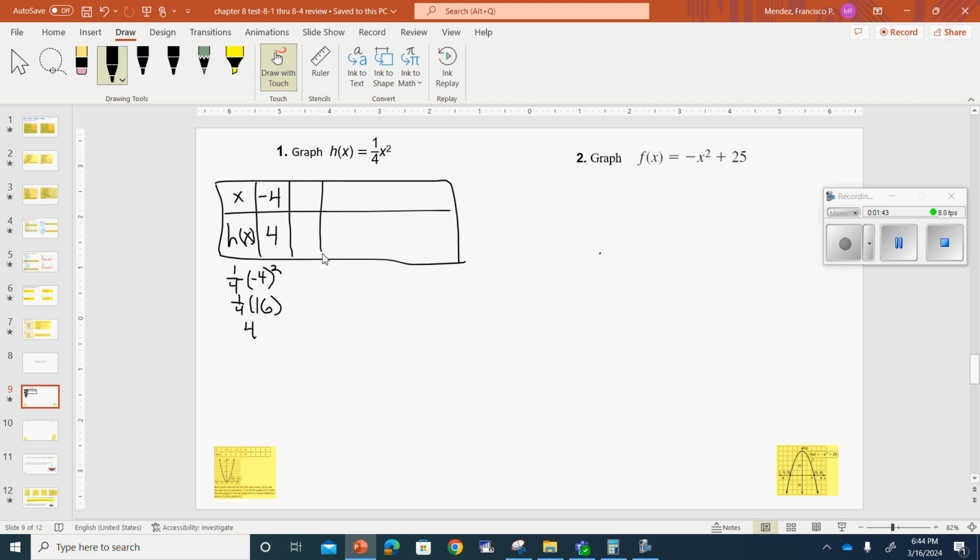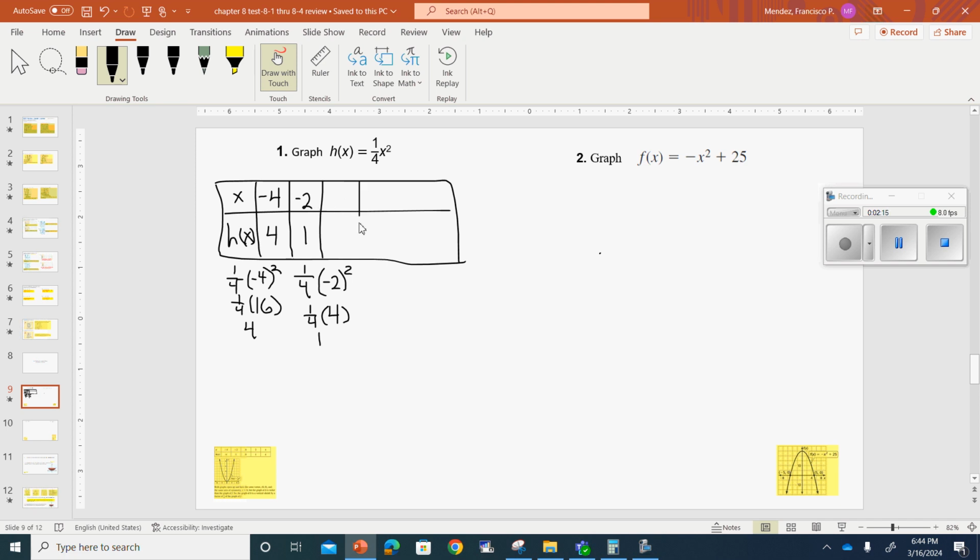All right, let's go to -2 now. If I take 1/4 and -2 to the second power, -2 times -2 is 4, and 4 times 1/4 is 1.